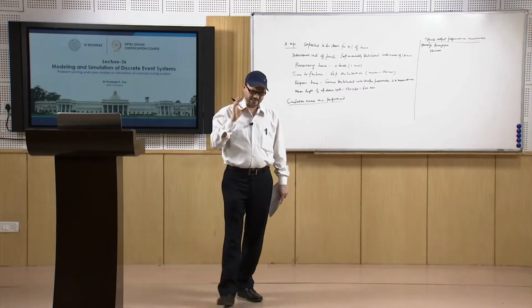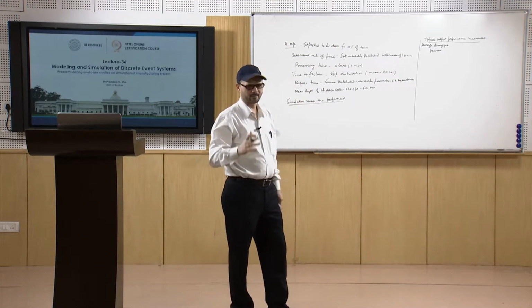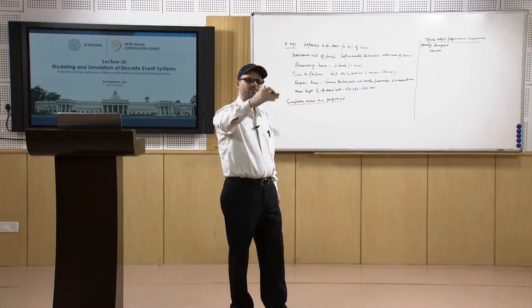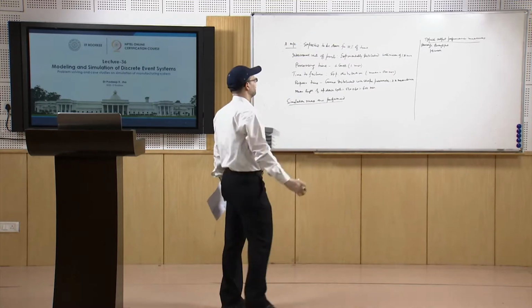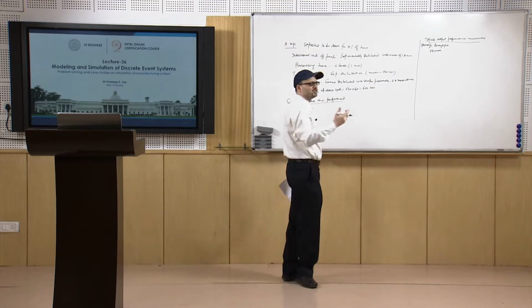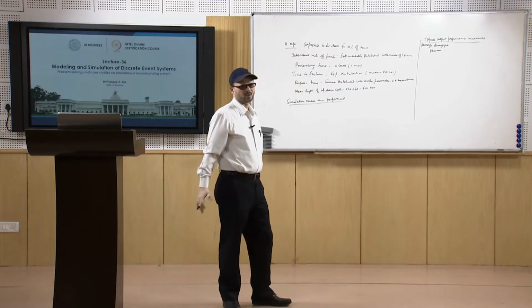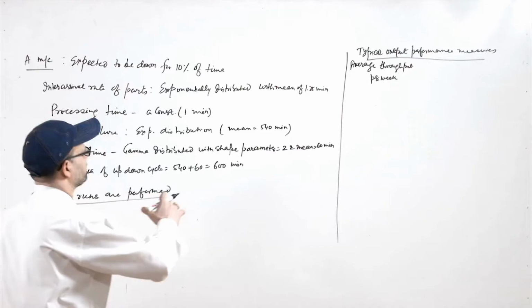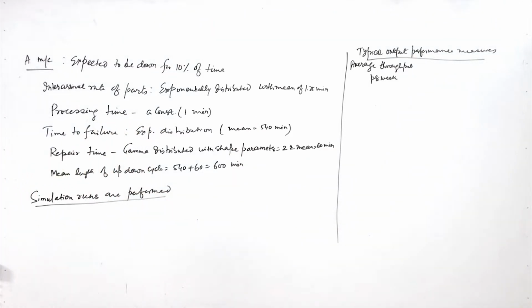In a week you have 5 working days with 8 hours of running, so in 1 week you have 8 into 5, that is 40 hours. Similarly, if you go for 20 days, like 4 weeks, you need to know these output performance measures.